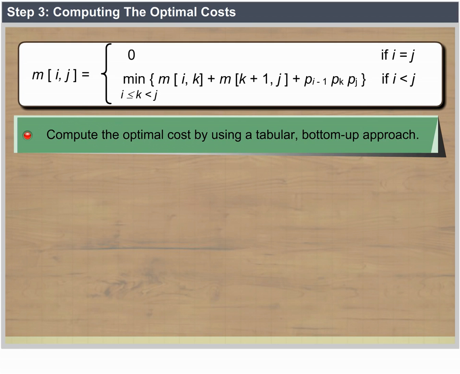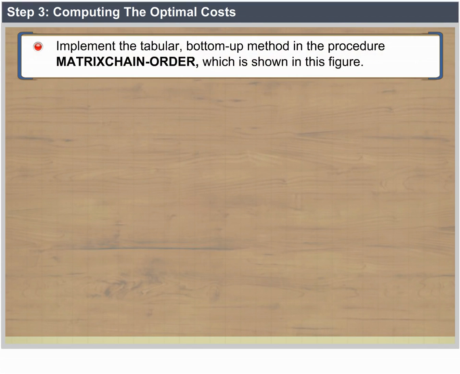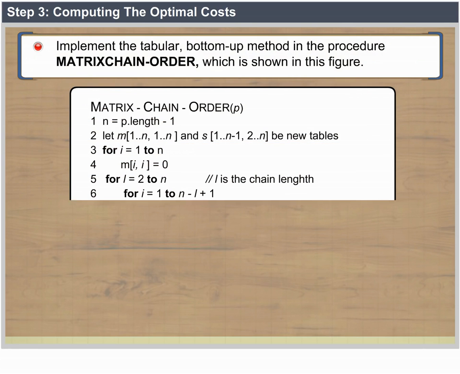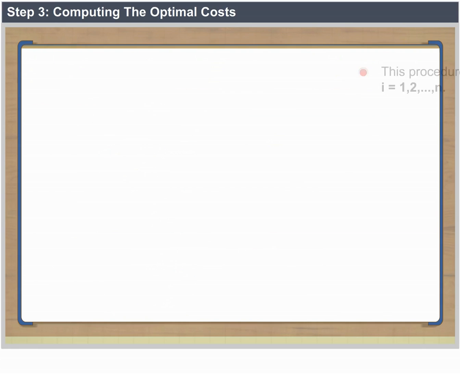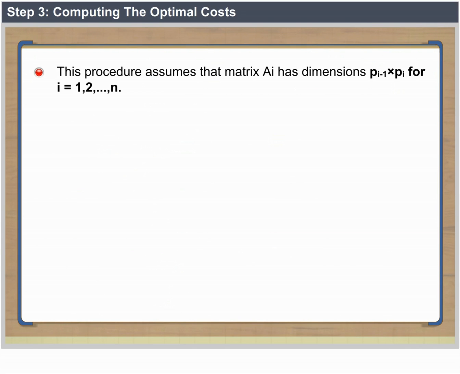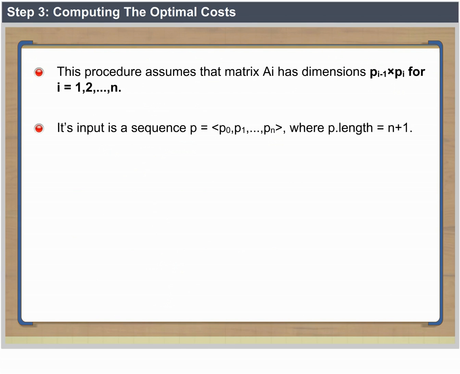Implement the tabular bottom-up method in the procedure MATRIX-CHAIN-ORDER, which is shown in this figure. This procedure assumes that matrix A_i has dimensions p_{i-1} by p_i for i equals 1, 2 up to n. Its input is a sequence p equals p0, p1 up to pn, where p.length equals n plus 1.